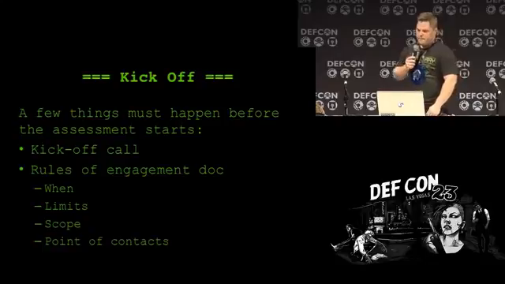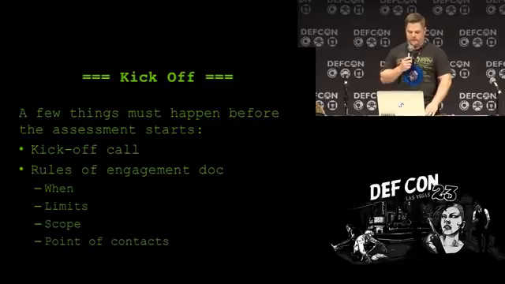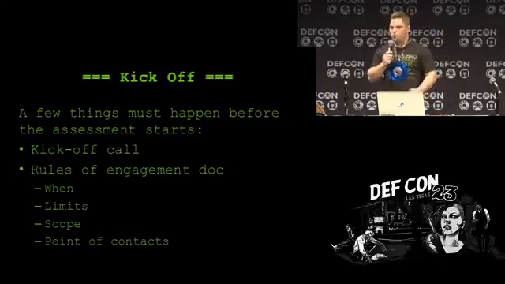So we talk about exactly what they're wanting. We talk about the limits: no denial of service, avoid this web page, please don't delete data or anything like that. And then the scope, and that is what website, what is the application, the URL.